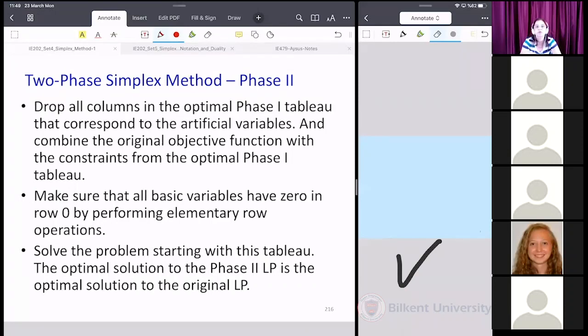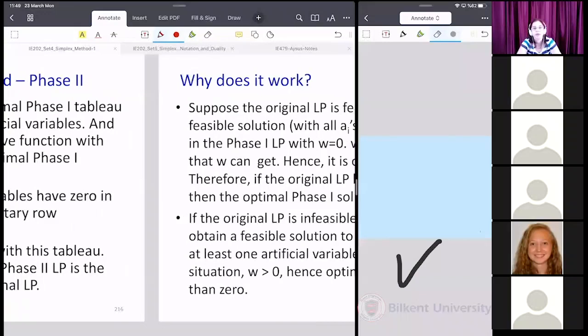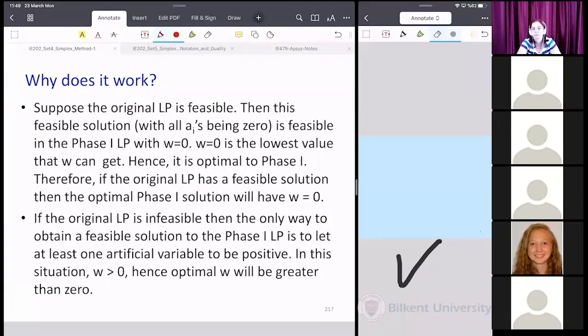You make row 0 proper, with zeros at the positions that you need. And then you utilize your original simplex algorithm: most negative or most positive, depending on whether you're minimizing or maximizing, and you continue like that. Any question?